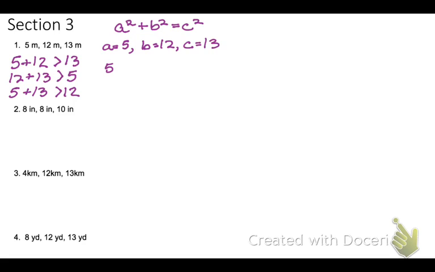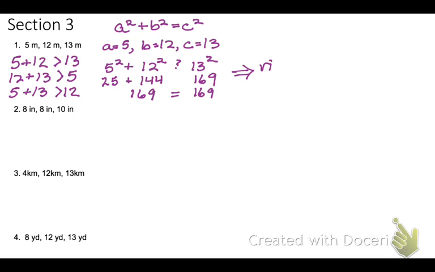So we have 5 squared plus 12 squared is somehow related to 13 squared. 5 squared is 25, plus 12 squared is 144. Remember, your perfect squares go up to 13, and 13 squared is 169. So 25 plus 144 is 169. They're equal. So this is a right triangle.